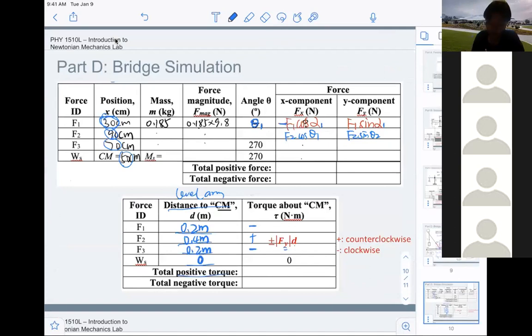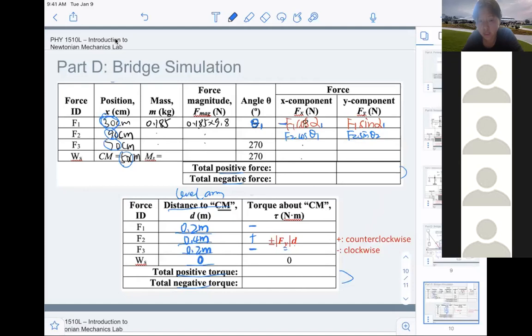So the total positive and total negative should add up to be approximately 0, really close to 0. So this is for a lab to see whether the static equilibrium equations for forces and torque are satisfied. If you see a big discrepancy, like the positive is so much bigger than the negative, then you want to recheck your calculation to see if you have done it correctly.